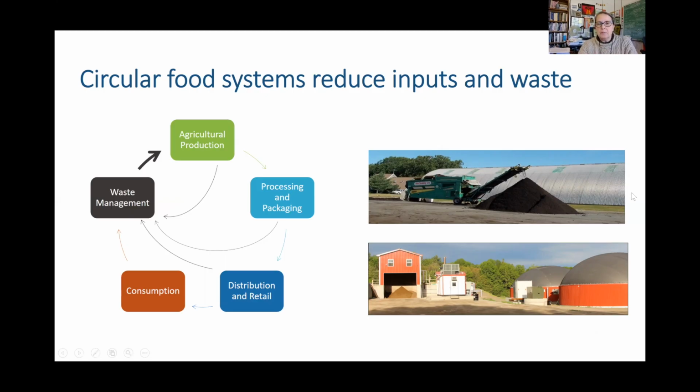On the bottom right, there's a picture of Exeter Agri-Energy. So these are the two things with the balloony looking things on top are anaerobic digesters where manure and food waste are combined to produce methane gas. So in addition to ending up with a material that contains nitrogen and phosphorus, this process also can generate electricity through burning methane gas that gets produced.